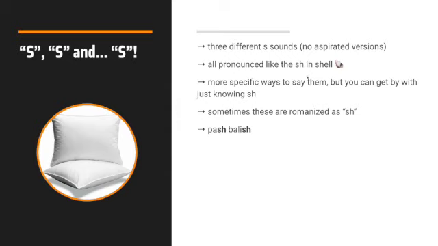You don't have to worry too much about the specifics, because there are specific ways. There's one that you pronounce from your teeth, one from your nose, and I think the other's from your throat. But you don't have to worry about that. Sometimes they are romanized as SH, because that is how they sound. One example is pash balish, which means side pillow or like a body pillow. Very common in India. I like them.